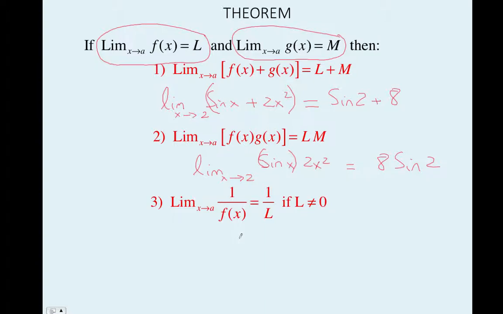Not only must the limit exist, but it must not be a 0 limit, because otherwise one would get 1 over 0, which is undefined. So, for example, if I take the limit of 1 over sine x as x tends to a, this would be 1 over sine of a, but a cannot be 0 or pi or other such values where sine of pi would vanish or sine of 2 pi would vanish and so forth.